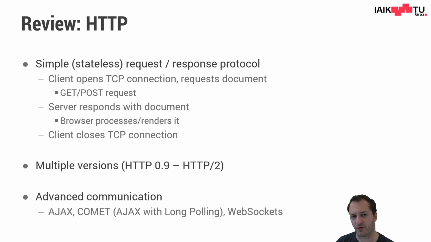Then the server responds with a document. The browser will then process or render it. If this is an HTML website, the browser will just show it. If it's JavaScript, it probably collects it and waits until some function is called. Modern browsers even optimize what they get, so there's a just-in-time compiler in there, and this is highly advanced meanwhile.